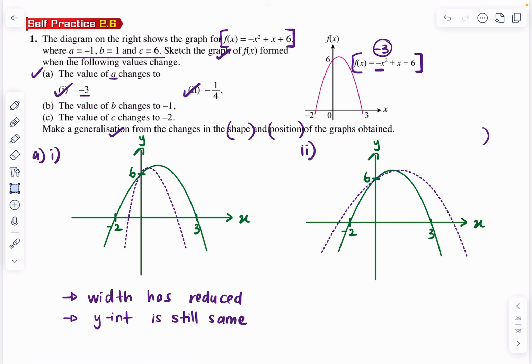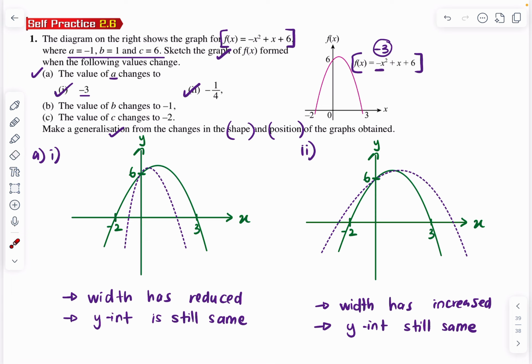So we can say the width of the graph has increased, and the y-intercept is still the same. This will be when a becomes -1/4.